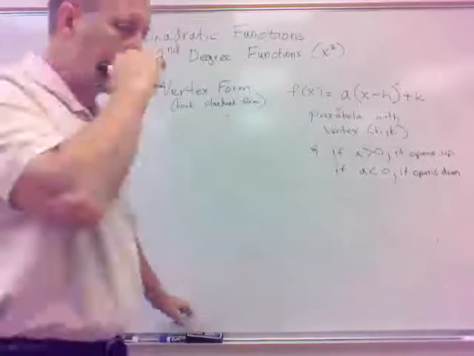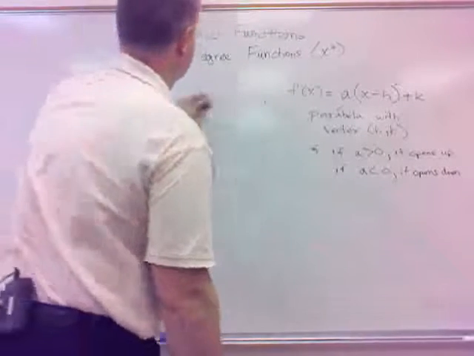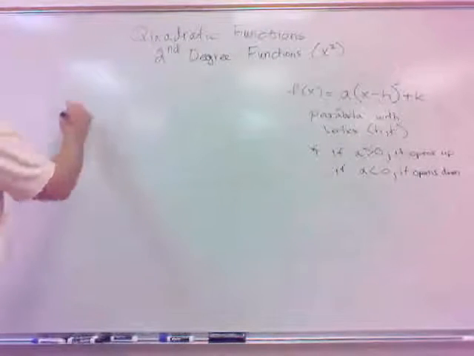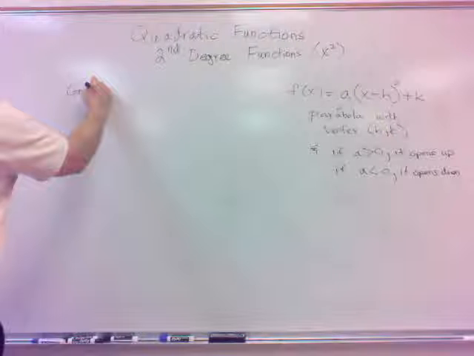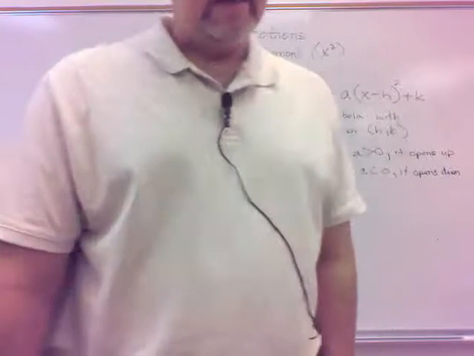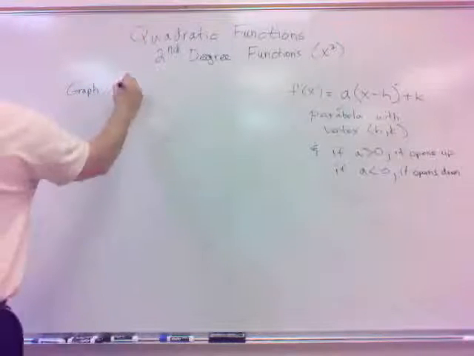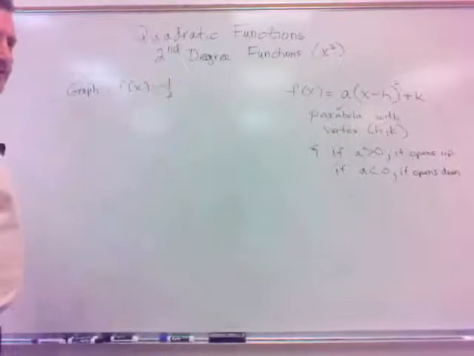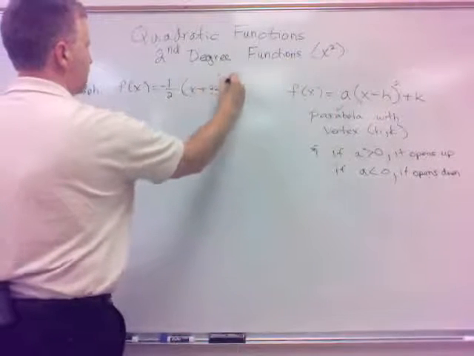All right, so let's do another one of those. Let's go ahead and do the whole thing, graph and all that, getting various pieces of information. f of x equals negative 1/2 times (x plus 3) squared plus 5.